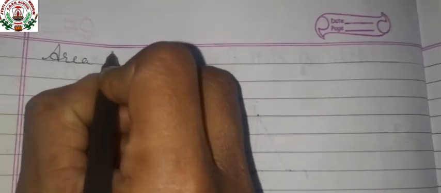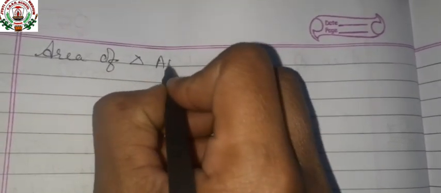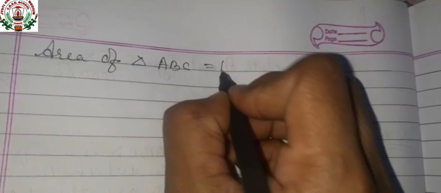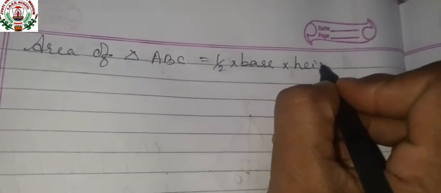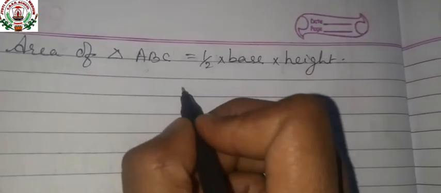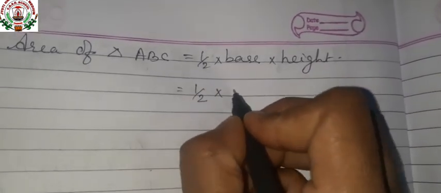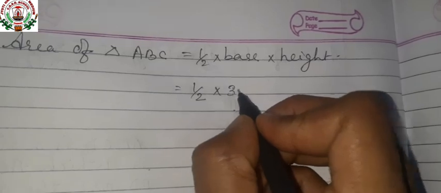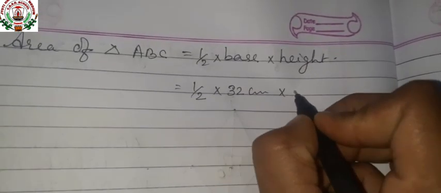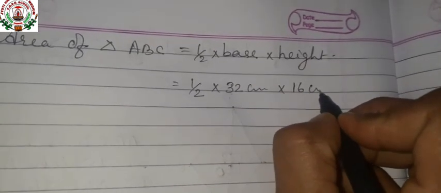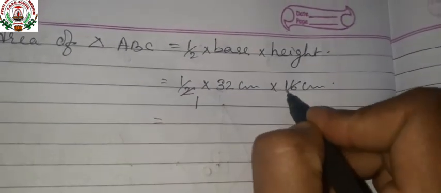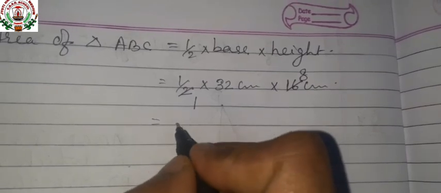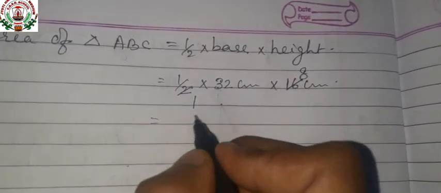So now area of triangle ABC equals to half into base into height. Now put the value of base and height here: half into base is 32 cm and height is 16 cm. Now again cancel it off, 2 ones are 2, 2 sixteens are 32, so on multiplication of this, how much will we get?